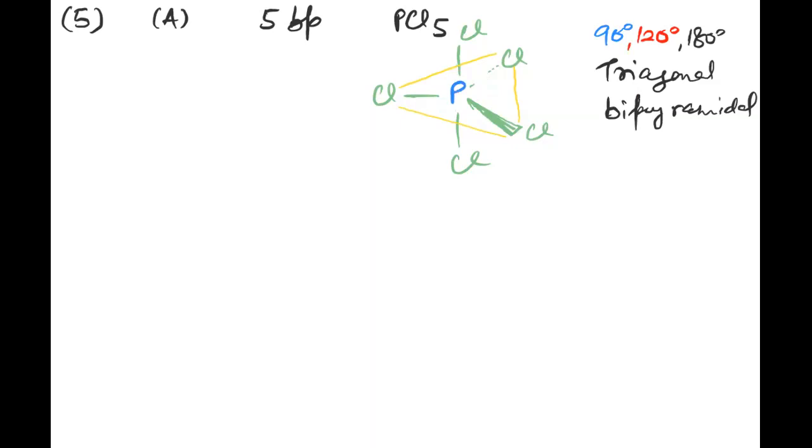Now in this trigonal bipyramidal geometry, we have two different types of bonds. One is, let's say, 3 chlorine, which lie in the same plane. They are known as equatorial chlorine. And the 2 chlorine, which are perpendicular to this equatorial plane, are known as axial chlorine. So, for example, if you see this chlorine atom, it is known as equatorial.